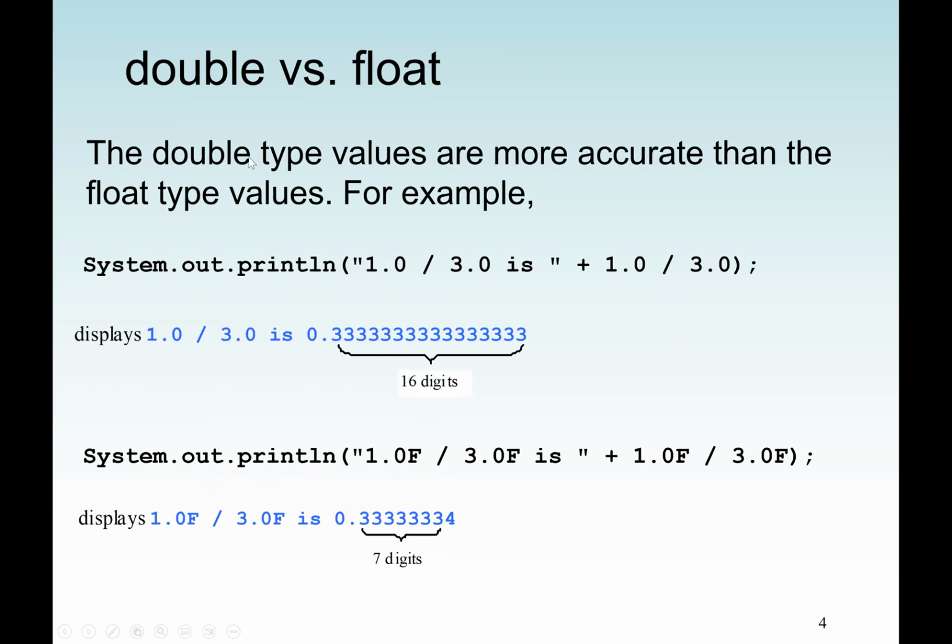The double type is also a primitive type, and double values are more accurate than float values. For example, if I have 1.0 divided by 3.0, as a double it will give me 16 decimal places, while as a float it will give me 7 decimal places, and we can see the last digit is 4.